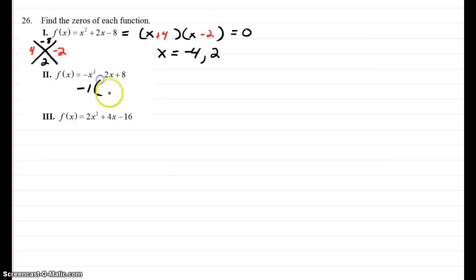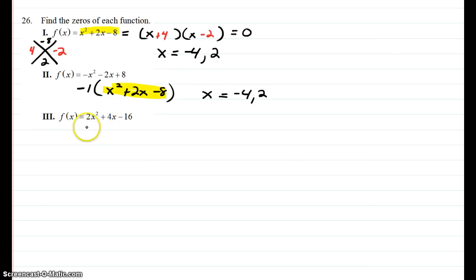So the negative 1 turns into x² + 2x - 8. And so now hopefully you realize that this and this are the same. So if they're the same, they're going to have the same zeros. So x equals negative 4 and 2.